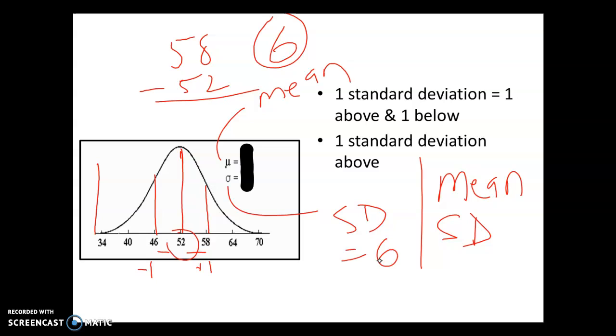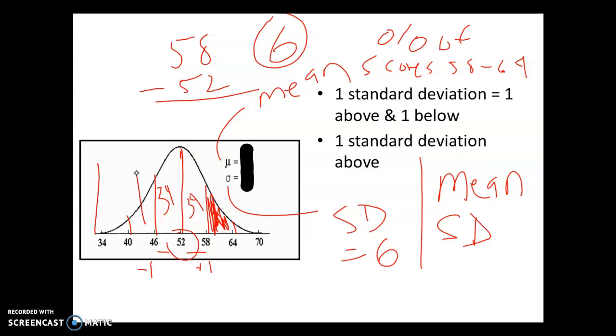Now, another question they might ask is, what percentage of scores will be between a 58 and a 64? So let's just shade that in right here. We know there's a 34% here. 34% of the scores will fall between a 46 and a 52. We know 34% will fall between a 52 and a 58.